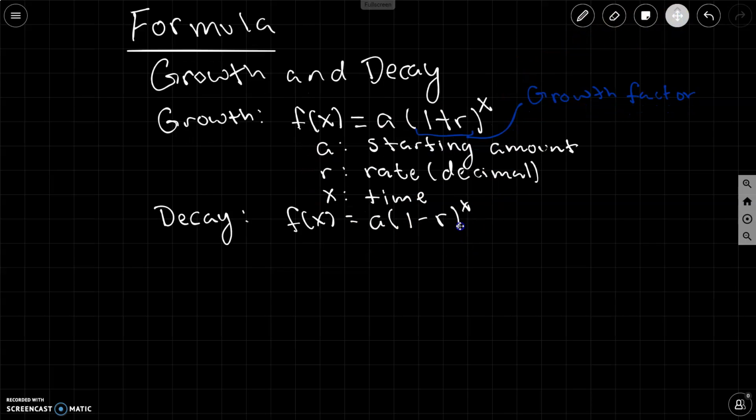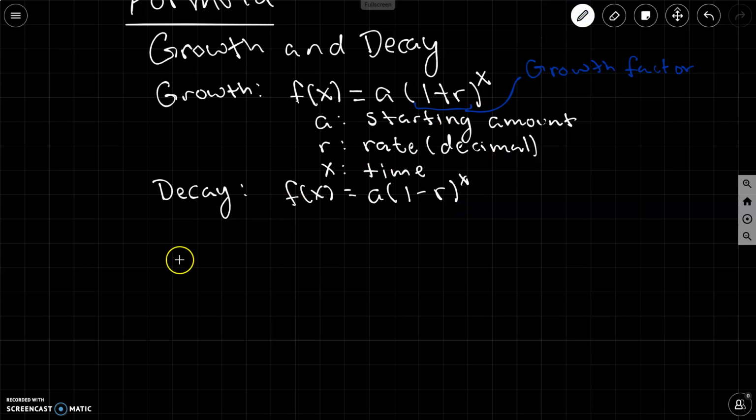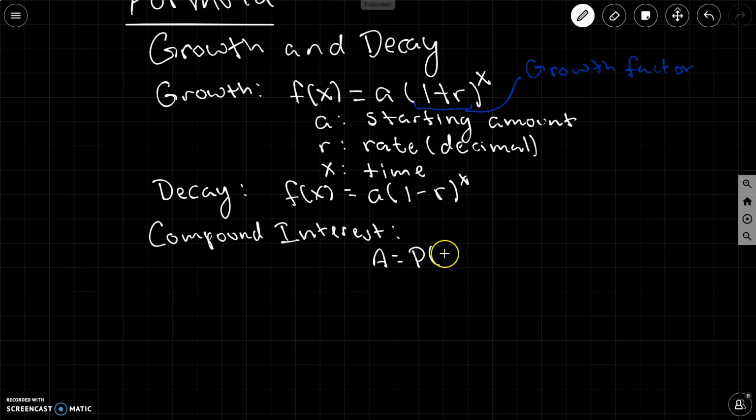Another very important one is the compound interest formula. It goes as A, the amount given, equals P, the principal, times (1 plus r over n) to the n times t power. Let's talk about this.